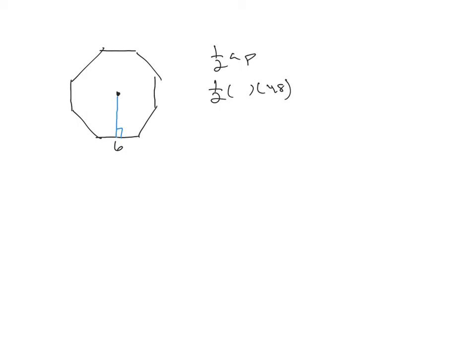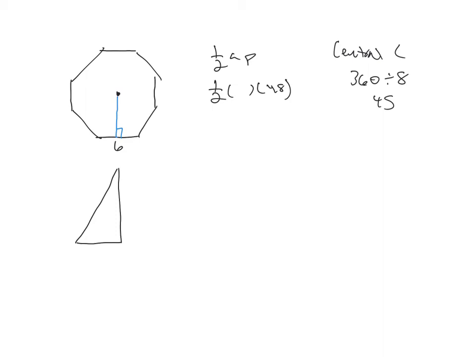So again, I need to start with the central angle because I need to create a triangle in the middle there. So in this case, I'm going to do 360 divided by 8 is 45. So I've got this triangle.